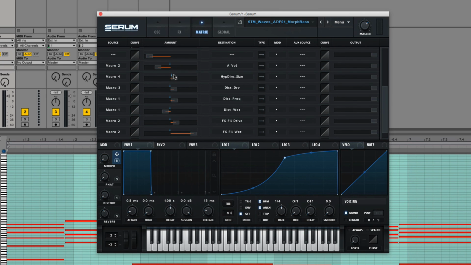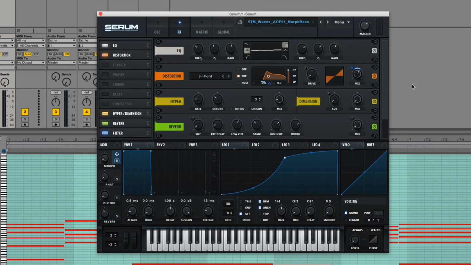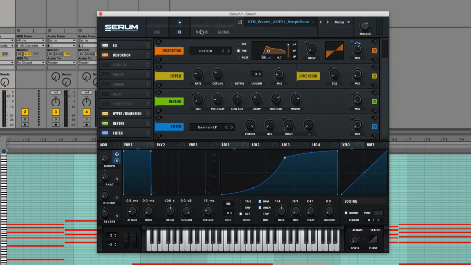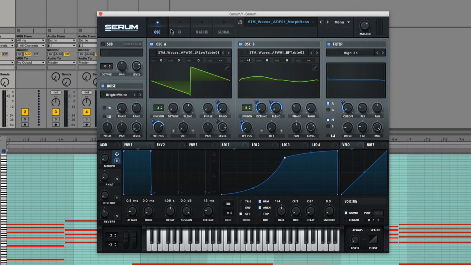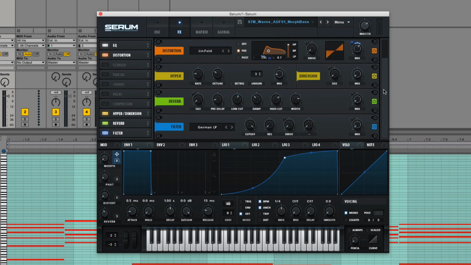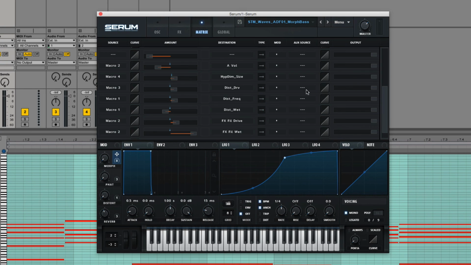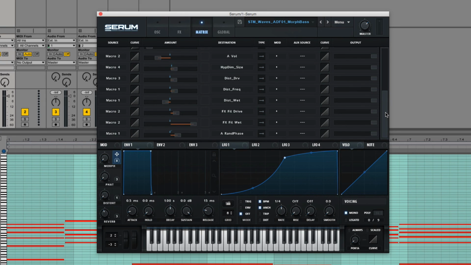And then also it decreases the amount of mix on the distortion. Changes the frequency right there, which you can see, and there's one more thing.